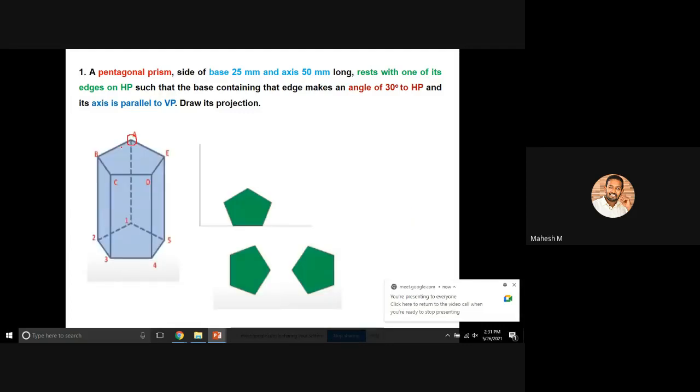So if we are looking from the top view direction, what is the name of this corner?